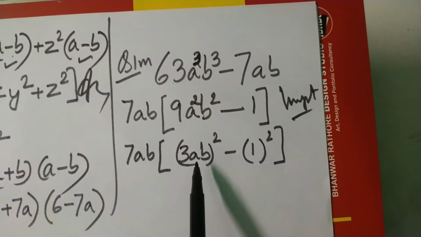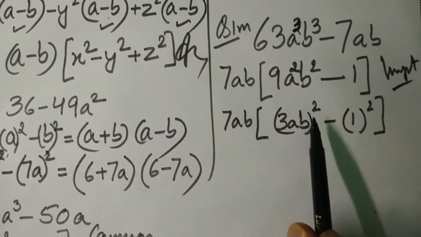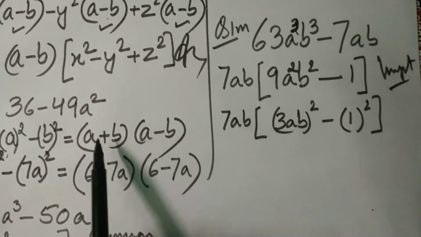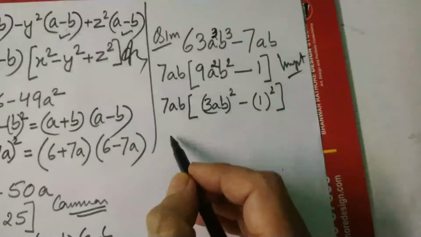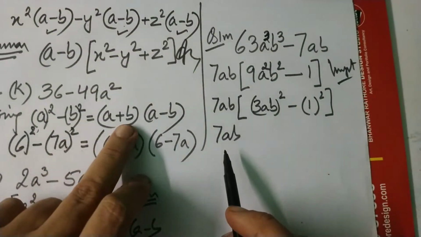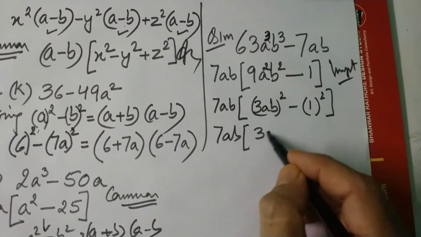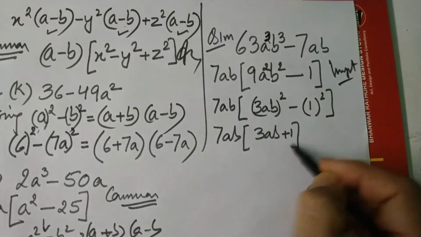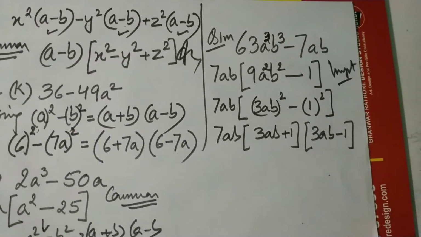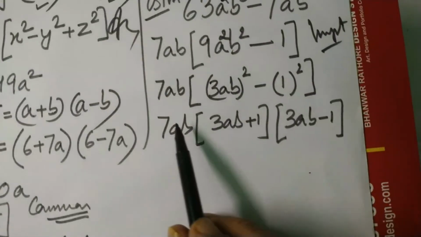Now this becomes like the formula a square minus b square. What will be a plus b, a minus b? I have to write these numbers in this formula. So 7ab, see, this formula is to be used here: (3ab plus 1) and (3ab minus 1). And 7ab remains as it is.